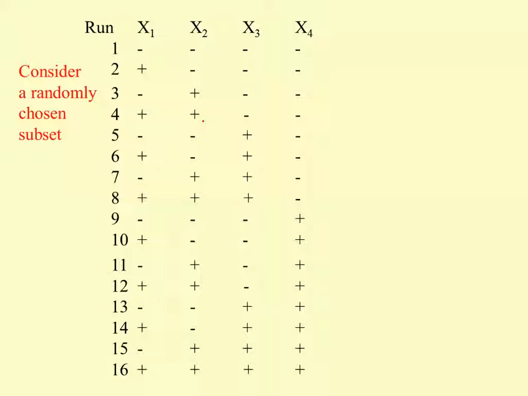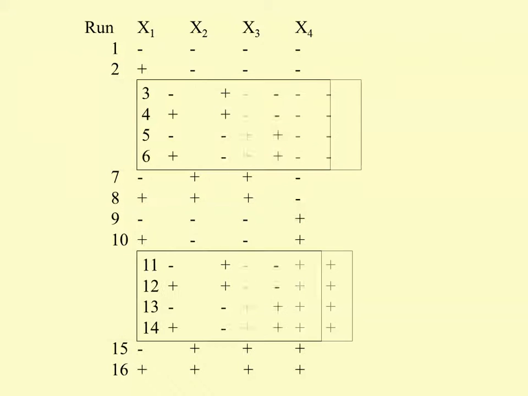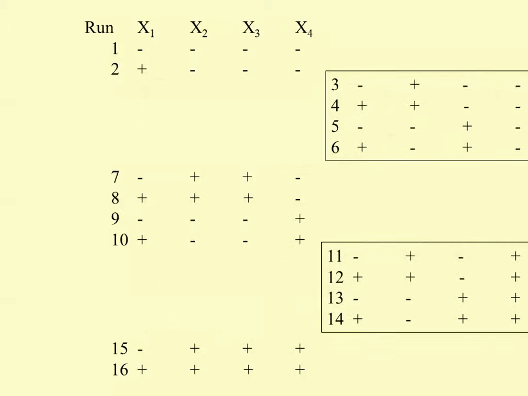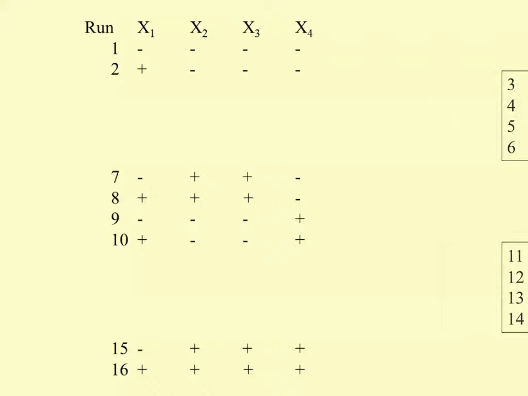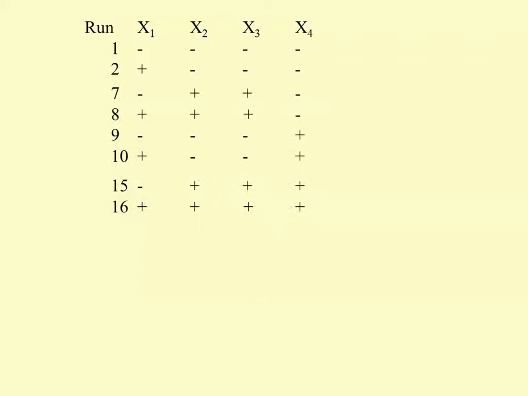So we need to take out some experiments. If we just take out these experiments, I pick these 4, pick those 4, they go away, and we're left with this. Now we've reduced the number of experiments in half, from 16 experiments down to 8.